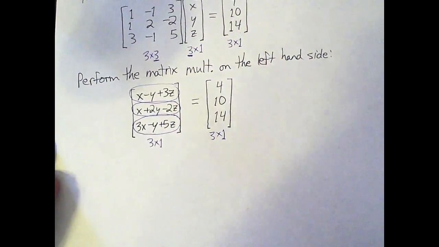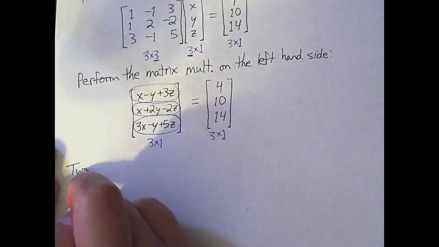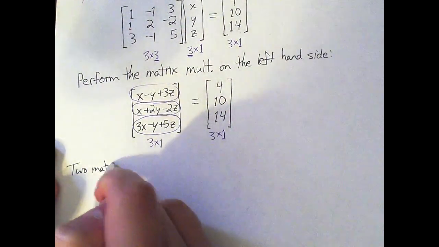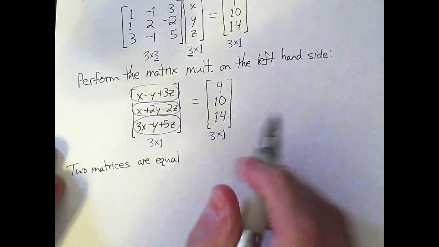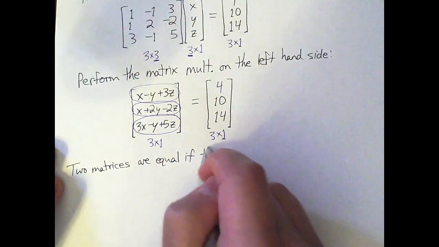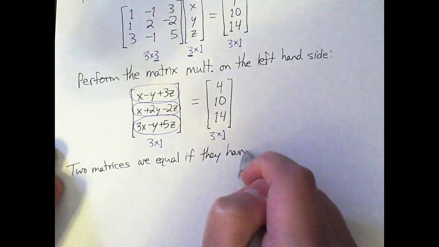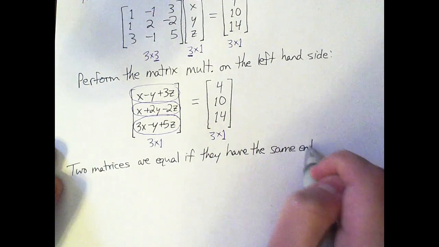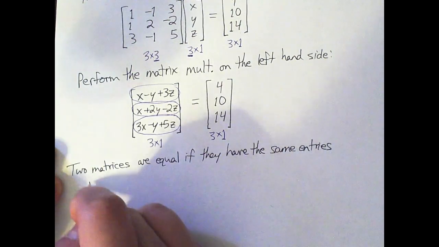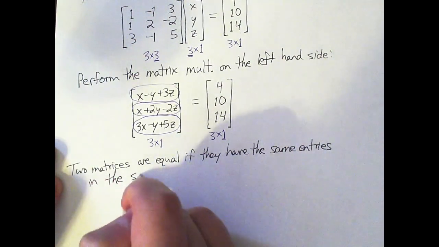Remember, we said two matrices are equal if they have the same entries in the same positions.